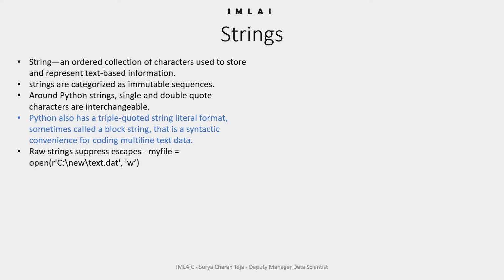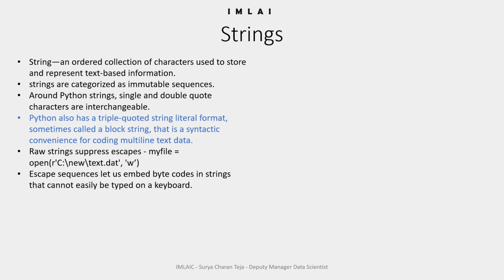Next, another most helpful and useful string type is the raw string, which has the capability to suppress the escapes. Then what is an escape sequence? That should be your doubt now.